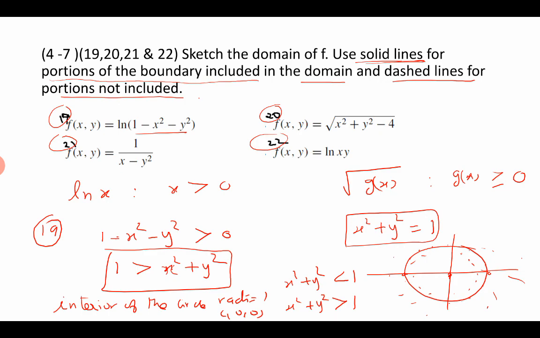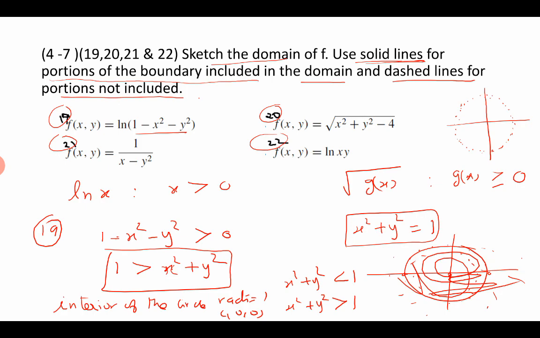So finally we have to draw the graph. You sketch the domain, that's the question. We are going to sketch the domain for problem number 19. This is actually a rough idea. Use a dotted line because there is no equality, so no point on the circle could be used here.